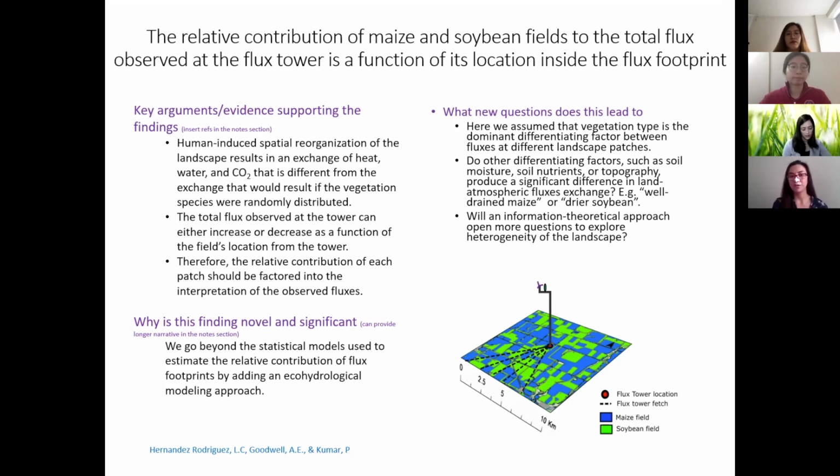And what new questions does this lead to? Because a good research exercise should lead to more open questions. So we assume that the vegetation type in this exercise is the dominant differentiation factor between the fluxes at different landscape patches, but we know that there are other differentiating factors such as soil moisture, soil nutrients, the random application of different nutrients in the landscape, or the topography.